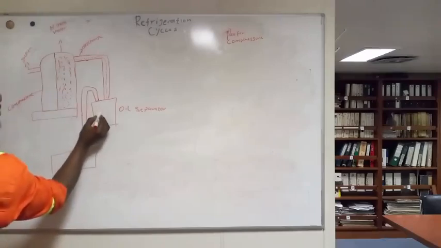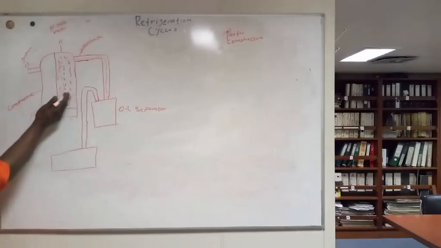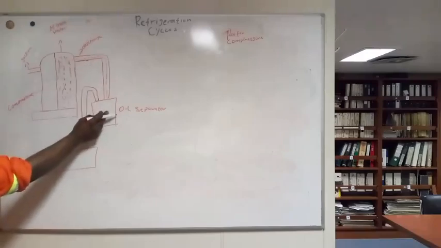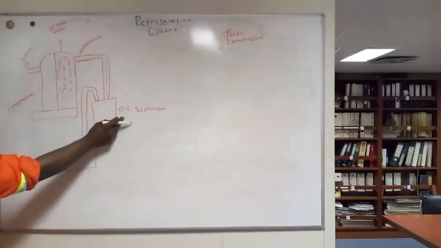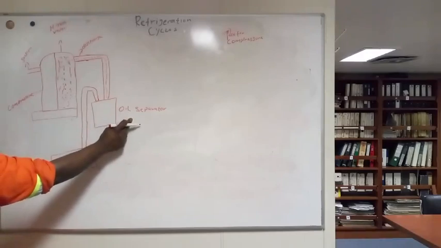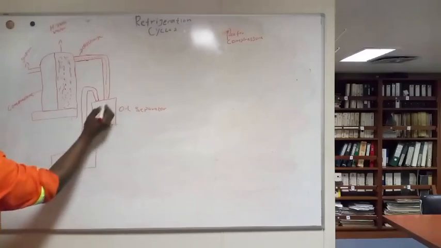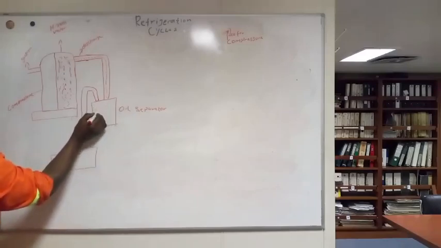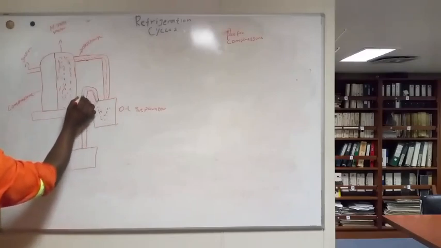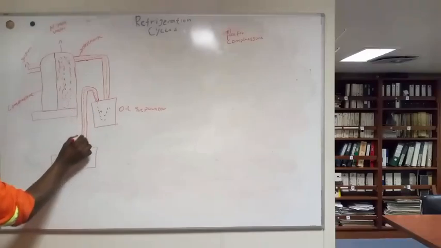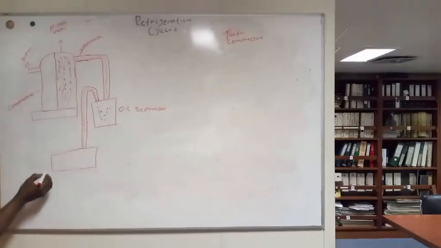The high temperature gas moves out from the compressor to the oil separator, and the oil separator separates the lubricating oil from the gas. So the gas moves out from the oil separator to the condenser.